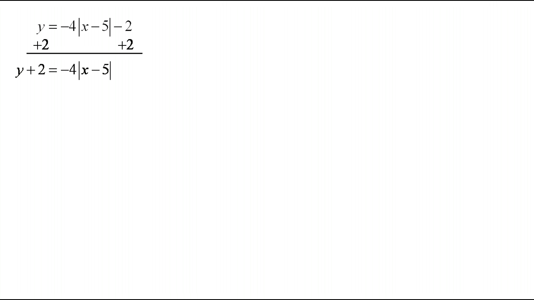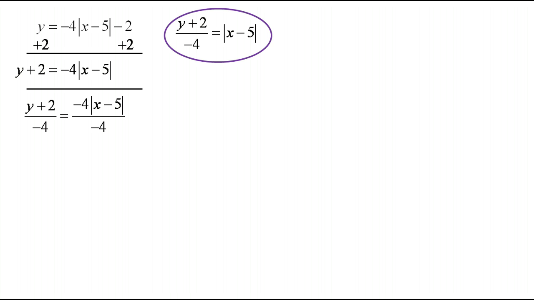When I do that, I have y plus 2 is equal to -4 times the absolute value of x minus 5. I'm going to divide both sides by -4 to get rid of that because it's not inside the absolute value. So my final ready to go equation is y plus 2 over -4 equal to the absolute value of x minus 5.